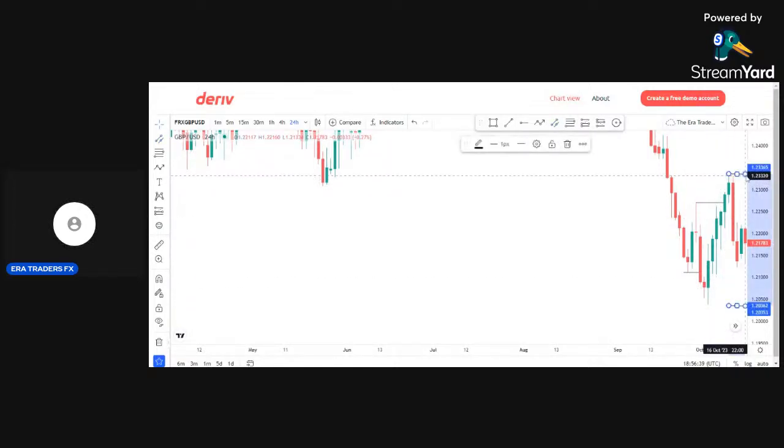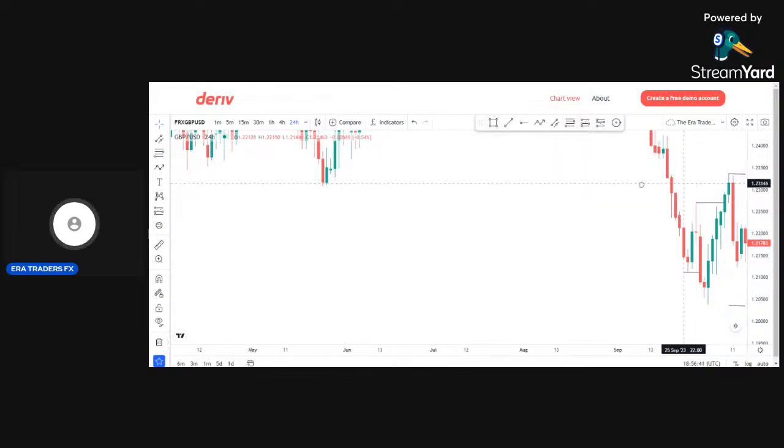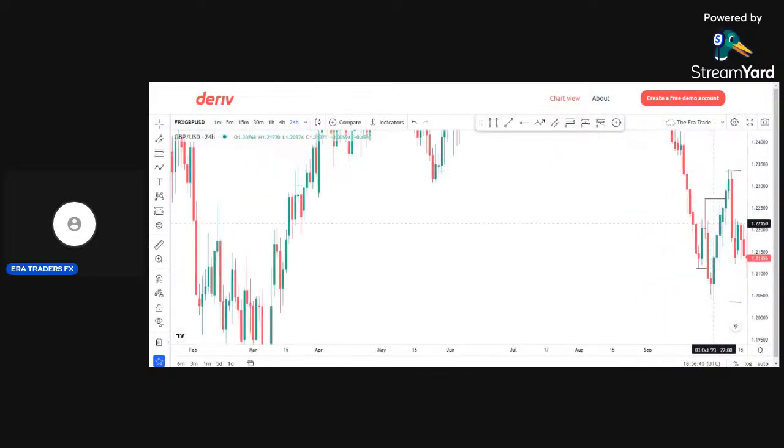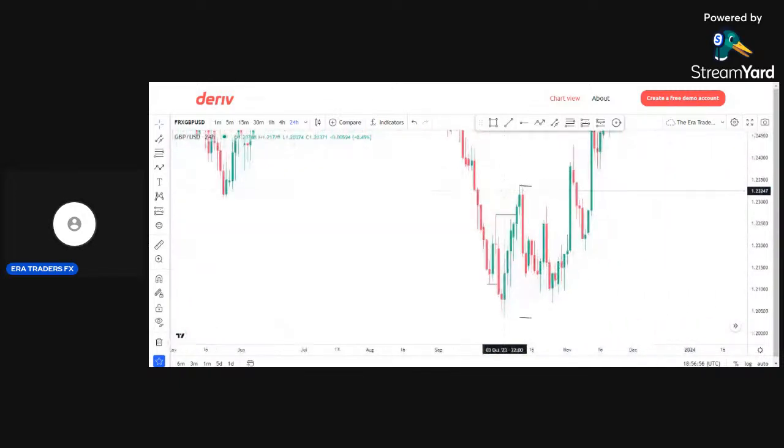Since the market has changed trend, you'll be expecting that the market will move up to take out old highs. After forming a new low, it will come and take out the old high. So this is now your area of liquidity, old highs. Definitely the market will come and trade into it. You see how the market traded into it.